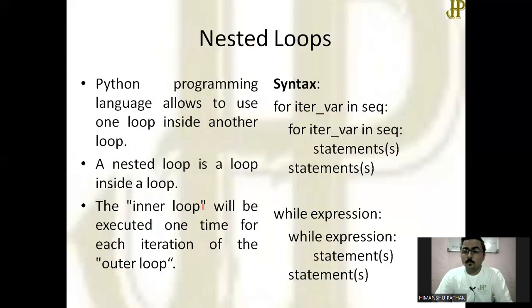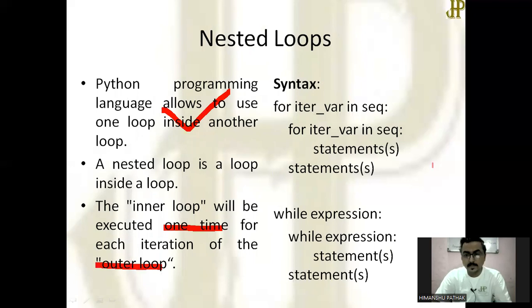Now the nested loop. As you know, nested if is an if within an if. So a nested loop is a loop within a loop. The Python programming language allows you to use one loop inside another loop. The inner loop will be executed one time for each iteration of the outer loop.